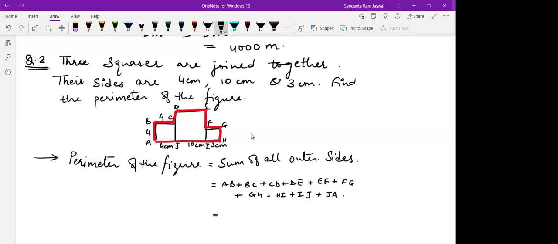Now this is a 10 centimeter square. Out of 10 centimeters, this 4 is taken inside. So how much is left out? 6. Then 10. Then again 6 here. And this is a 3 centimeter square, so this is 3, 3. So this is 54 again. 54 only. Yes, ma'am.